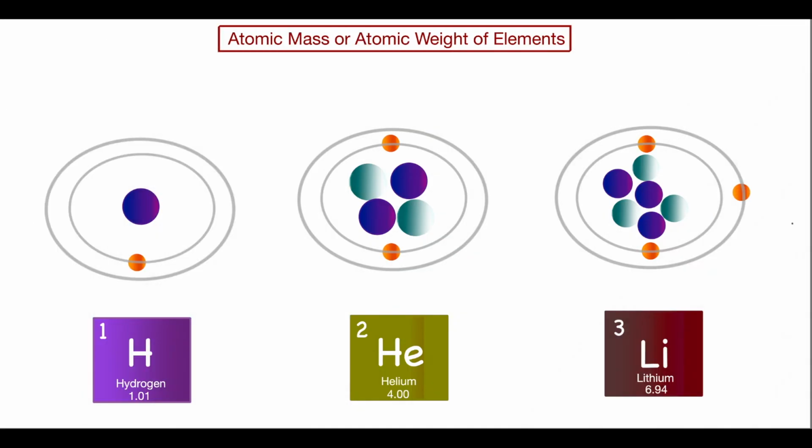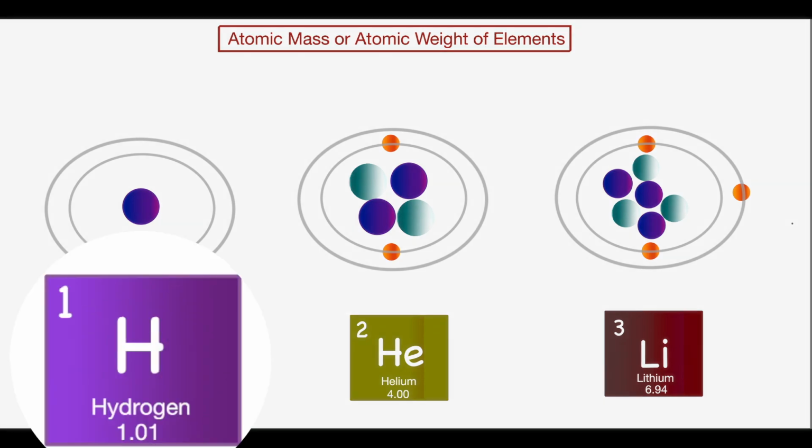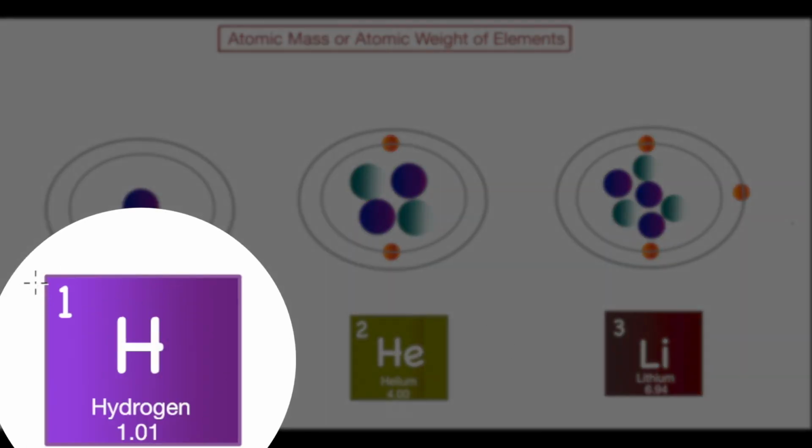Here we see the first three elements of the periodic table. Each element box shows the atomic number on the top left, right here, the atomic symbol right here, the atomic name or the element name, and at the bottom is the atomic mass or atomic weight, I should say.